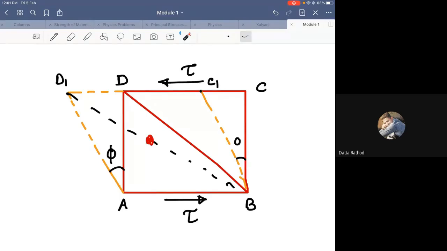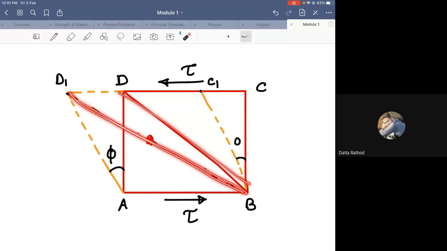So here, what we observed, due to the application of shear stress tau on face AB and CD, diagonal BD will get elongated. This is the diagonal BD we are observing here. Diagonal BD now becomes BD1, and definitely we can say that the change in the length of the BD member occurs and it is elongated now.